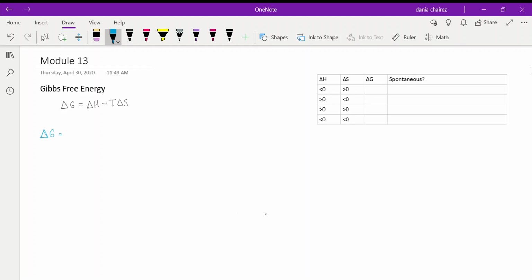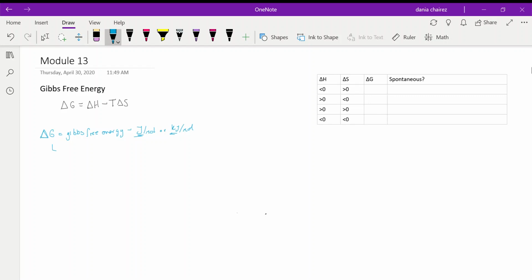So delta G is essentially a measurement, well, it's Gibbs free energy, first of all. Gibbs free energy is usually measured in either joules per mole or kilojoules per mole. It just depends on what the problem's asking and what makes it easier for you, but keep in mind your units when writing an answer, right?